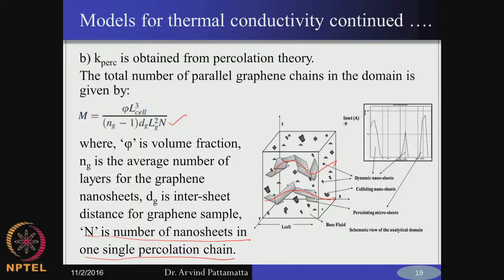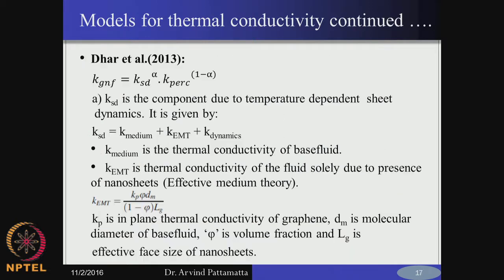So, for a nanofluid like graphene, this is somewhat intermediate; it is neither too big to form huge linkages nor too small to just simply move around. So, it will have contribution from both components, the Brownian component as well as the conduction component. In that case we use a value of alpha maybe 0.7 or 0.8, and it will take into account both these components.